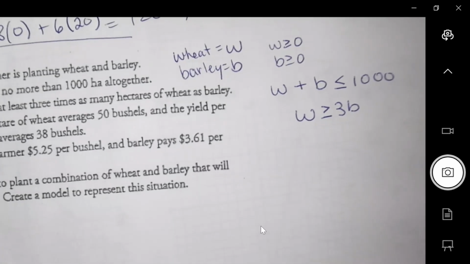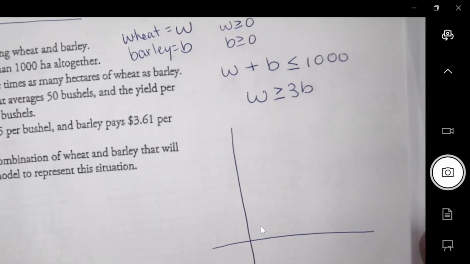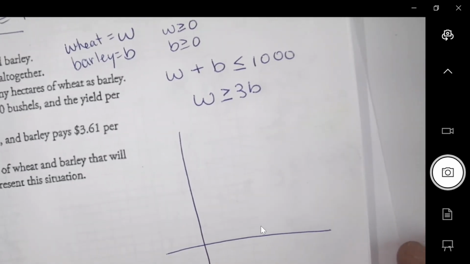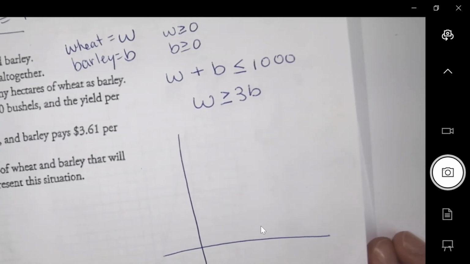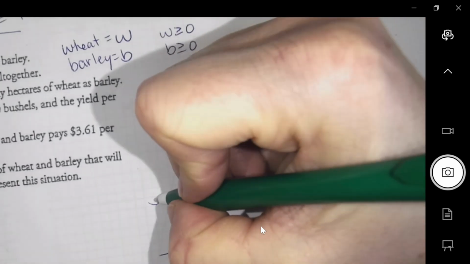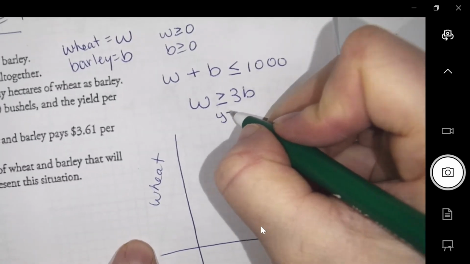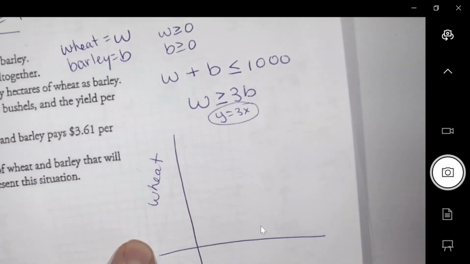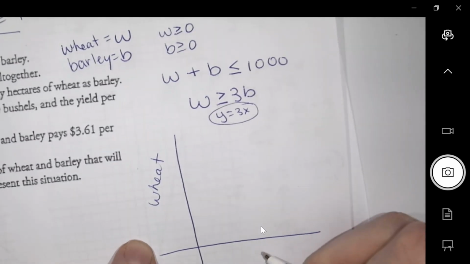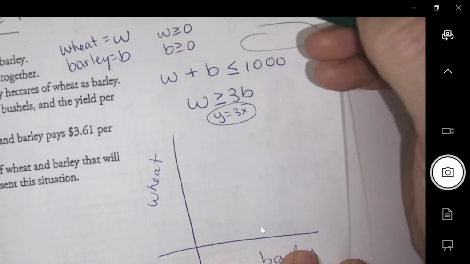Okay, now we're ready to go. Which variable would you like to define as your y-axis variable? Which one makes more sense? I would put the wheat because of this equation. So then in my calculator, I can do y equals 3x. And barley. So what would you type in your calculator on this?